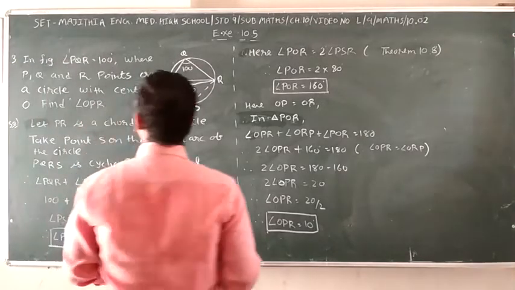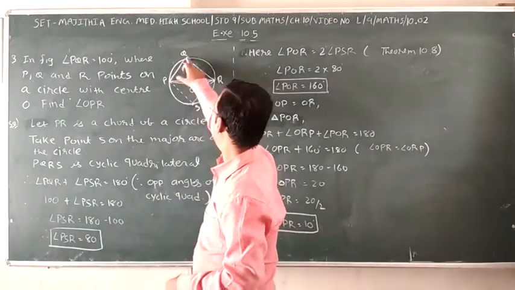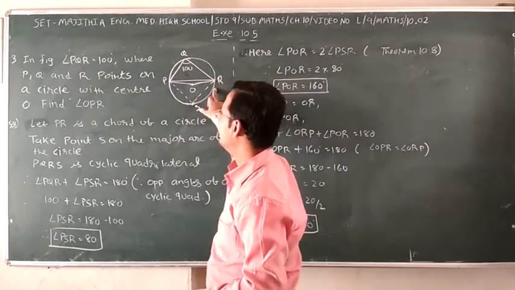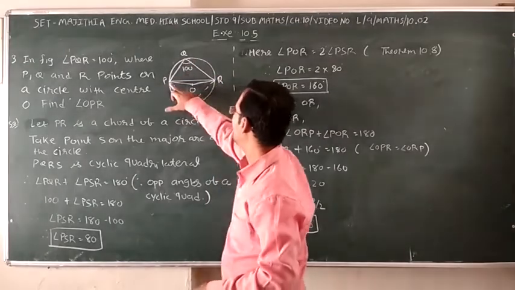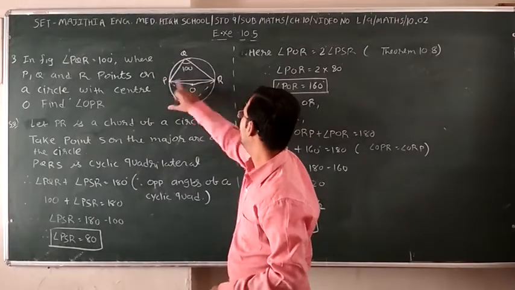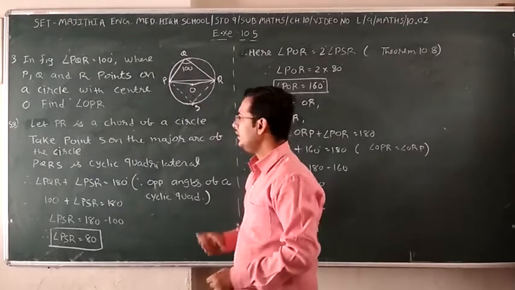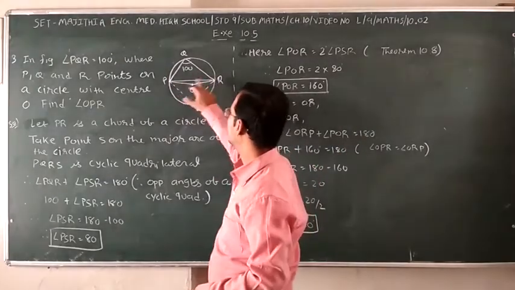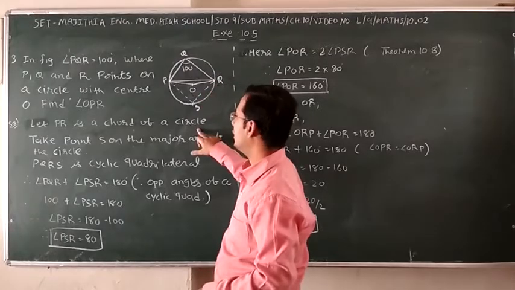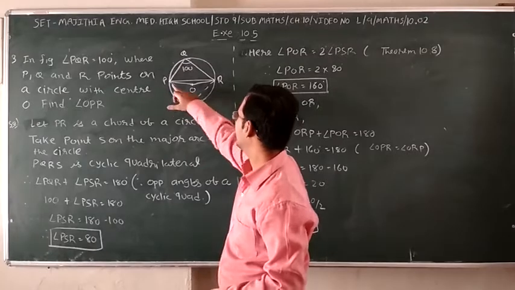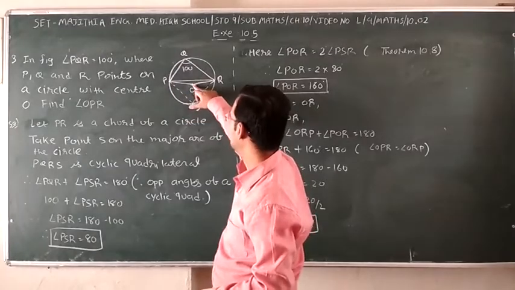Sum number 3. In the figure, angle PQR is 100. P, Q, R are points on a circle with center O. We have to find angle OPR. Let PR be a chord of the circle, and take point S on the major arc, the major part because the center is here.